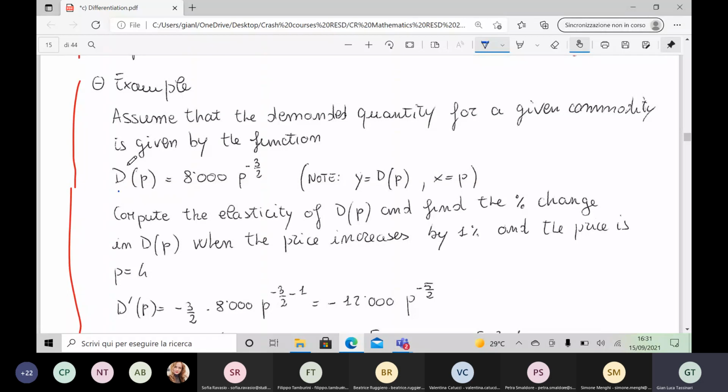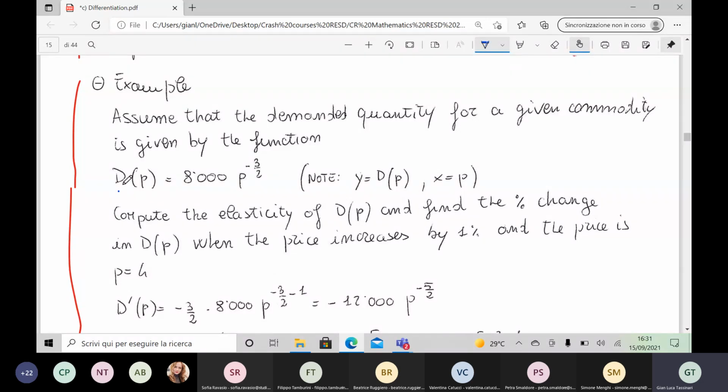You see I wrote it here: y equal to d of p, so y equal to 8,000 p to the minus 3 over 2, and p is x. So p, the price, is the independent variable, and d is the dependent variable.